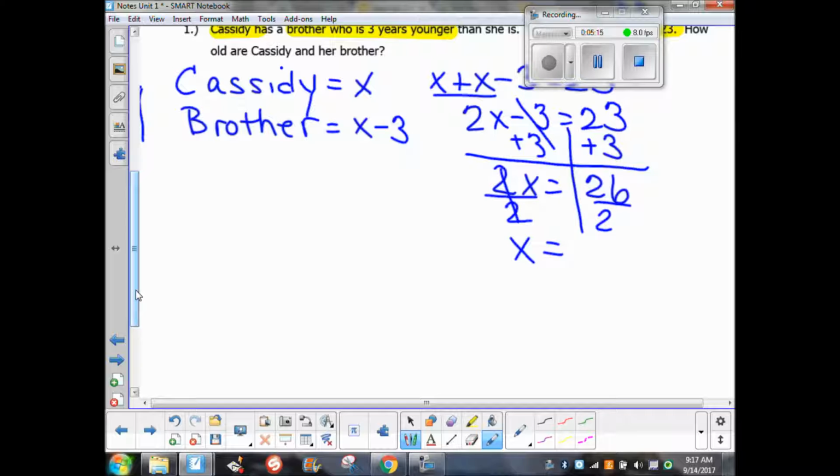How old is Cassidy? 13. How old is her brother? 10. Do a quick check. Does the sum of their ages equal 23? 13 plus 10? 23. All right, go ahead.